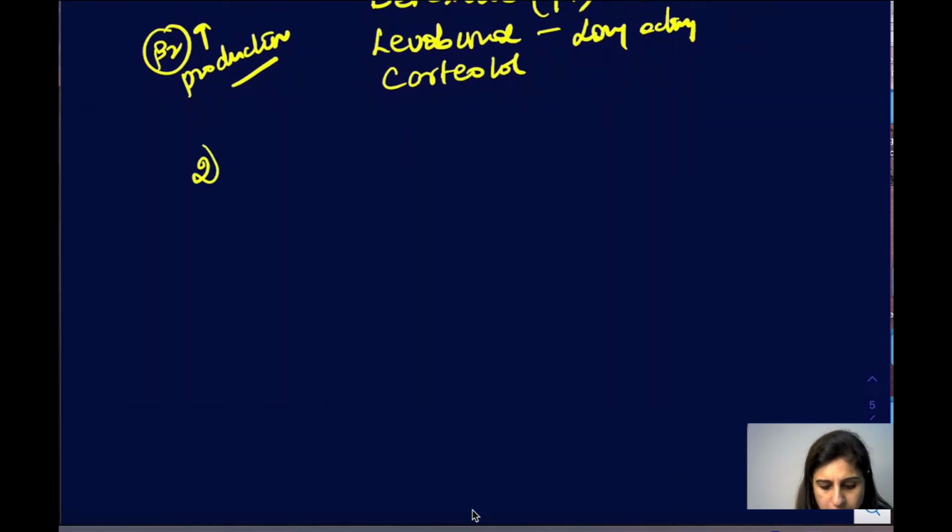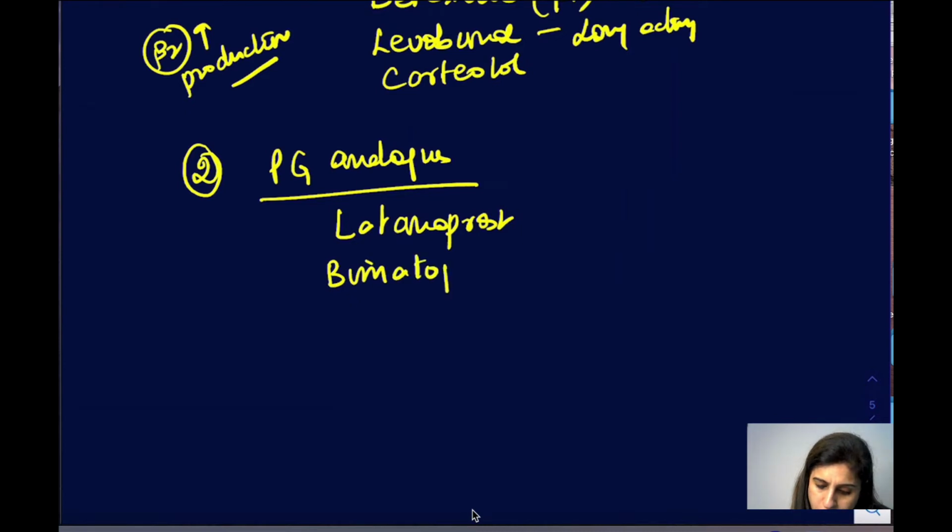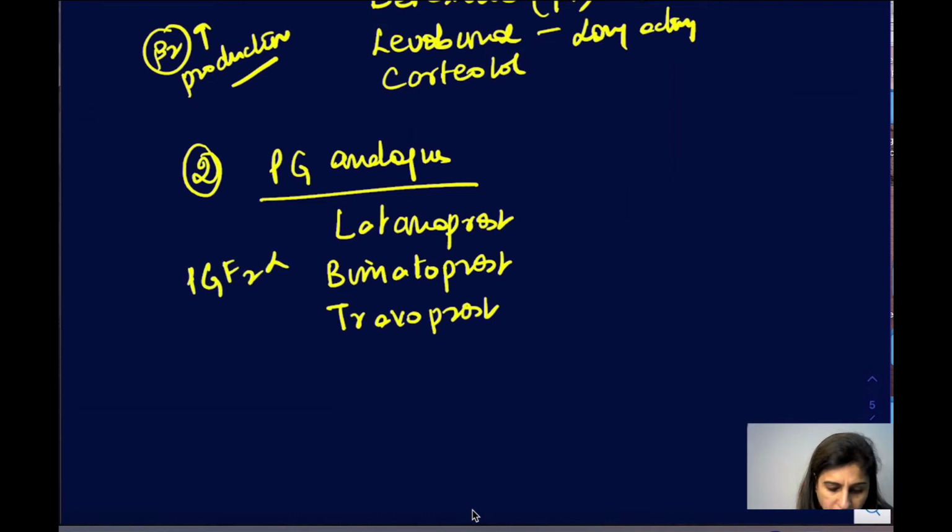Number 2 are the prostaglandin analogues. The prostaglandin analogues we have are latanoprost, bimatoprost and travoprost. Okay, these are the three prostaglandin analogues, all analogues of prostaglandin PGF2 alpha.